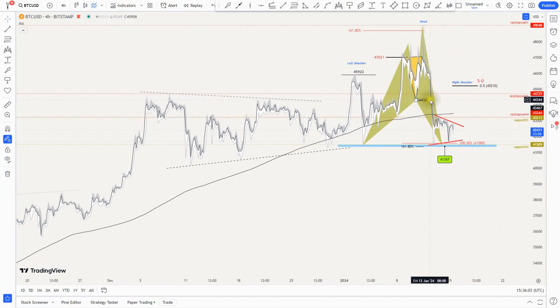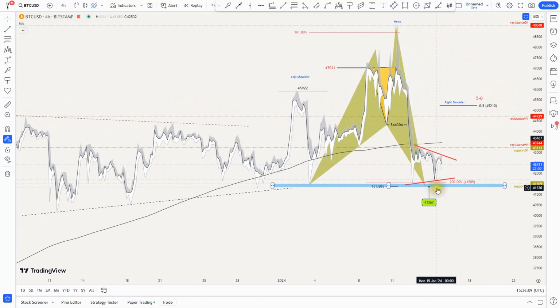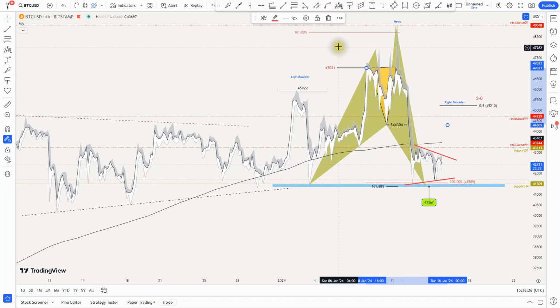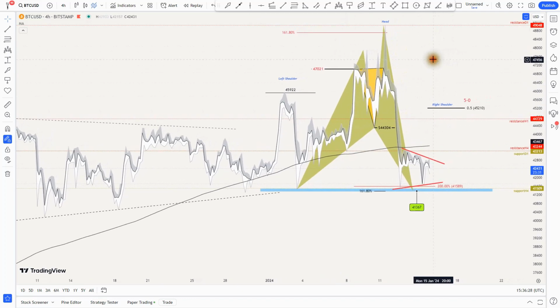As soon as we saw the breakout of these levels, that triggered this major move to the downside for Bitcoin. And in fact, we had targets at 41,589, the 200% Fibonacci extension level, and we have just hit that Fibonacci level, the default target for the technical double top.